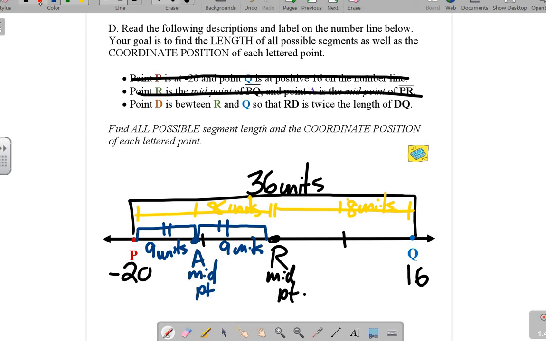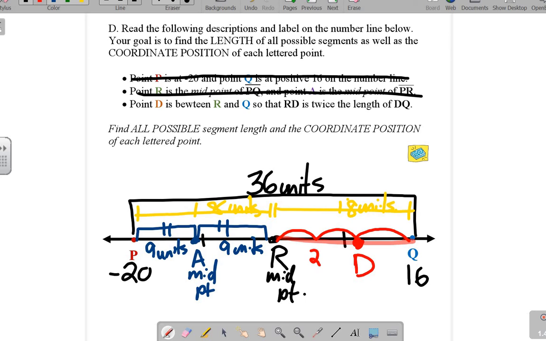Okay, this was the tricky one. D's between over here, so D's somewhere here in this piece. But R to D is twice as big as D to Q. So double, single, that means D is about right there.